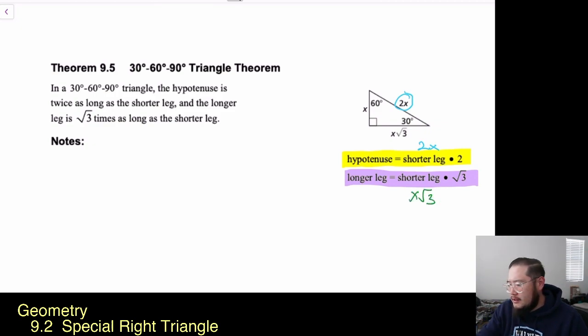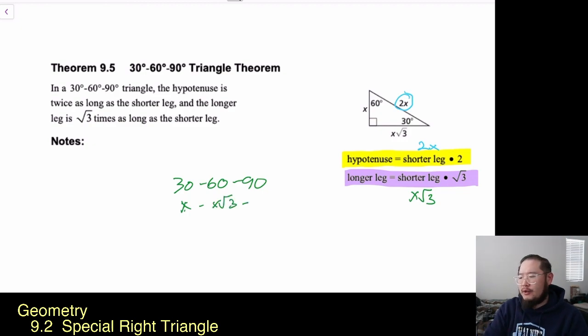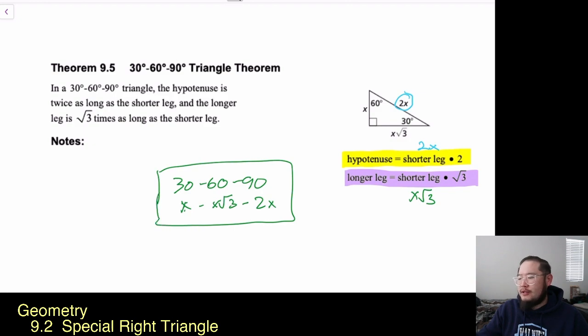Typically, this is how I'll write things out. I'll put 30, 60, 90, and an easy way to memorize this: under the 30 I put x. With the 60, it's going to be x rad 3, and then under the 90, I put 2x. I'll usually always write that down to help me remember things, especially when you go through a problem. Or you could see right there what's highlighted.